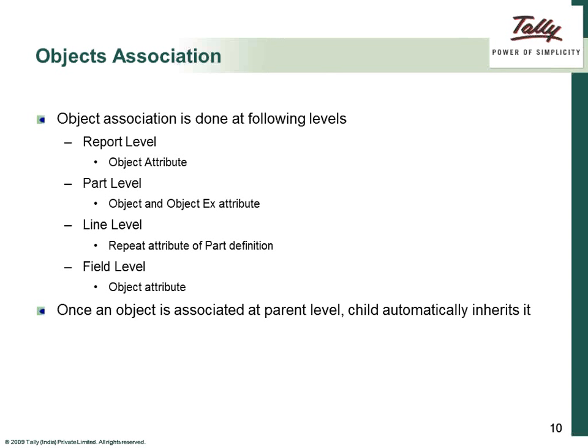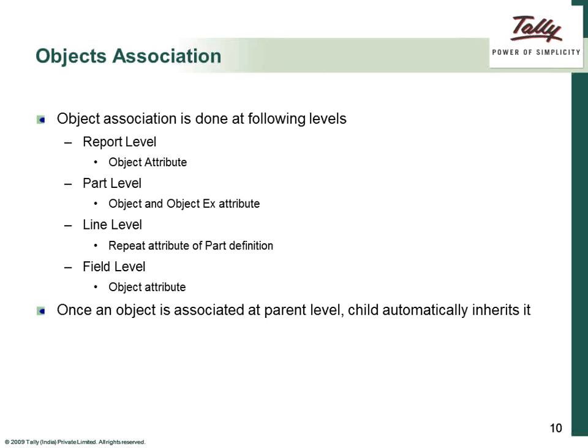This indicates that the report has a primary object. At part level, when I make use of the attribute called object, it can be a secondary object, and with the help of the attribute called object EX, I can change the primary object context of the part.